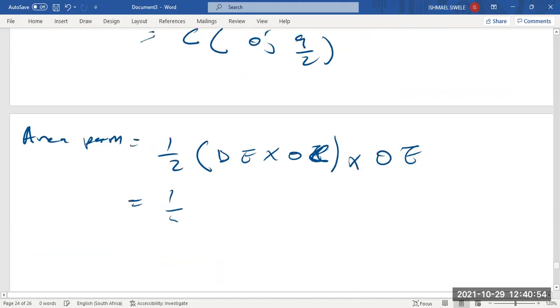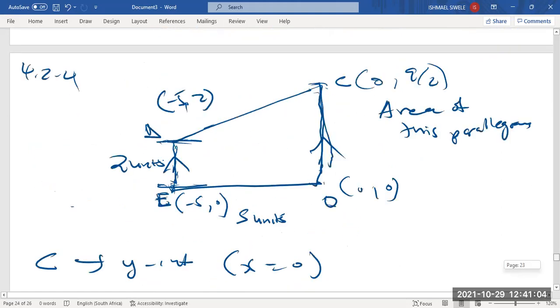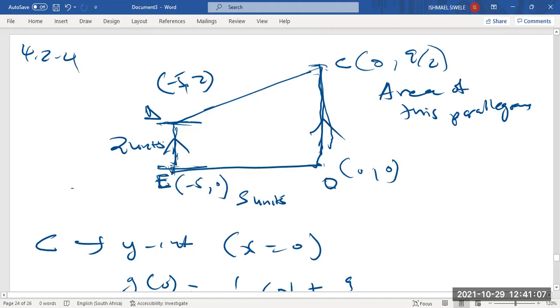So we're going to have the sum of what is DE? We said DE is 2, and then OC is 9/2 units. You can see now we are moving from 0, 0 here, so this is 9/2 units. So it's going to be 2 plus 9/2, and the other side is 5.